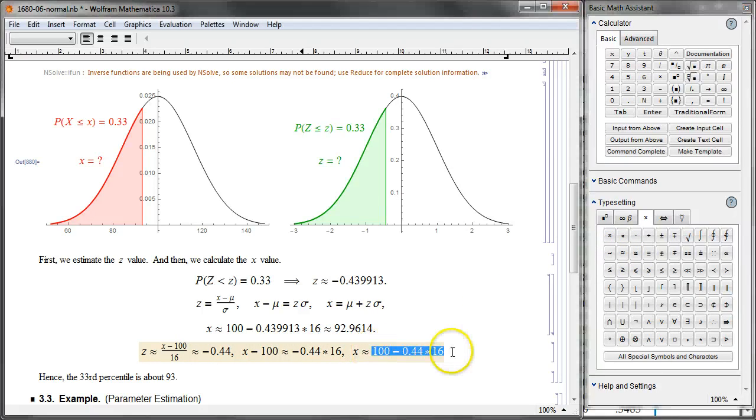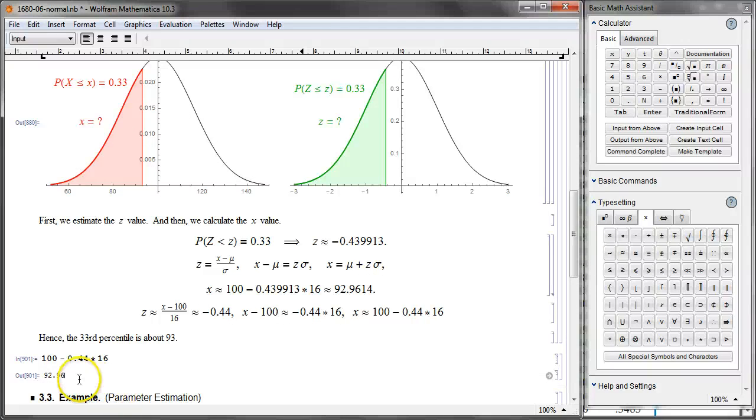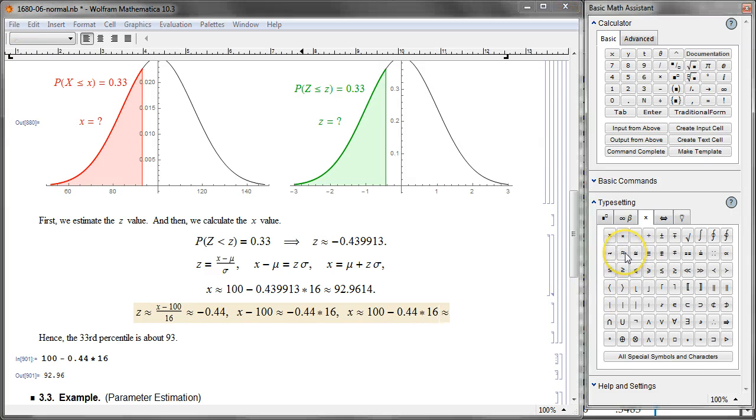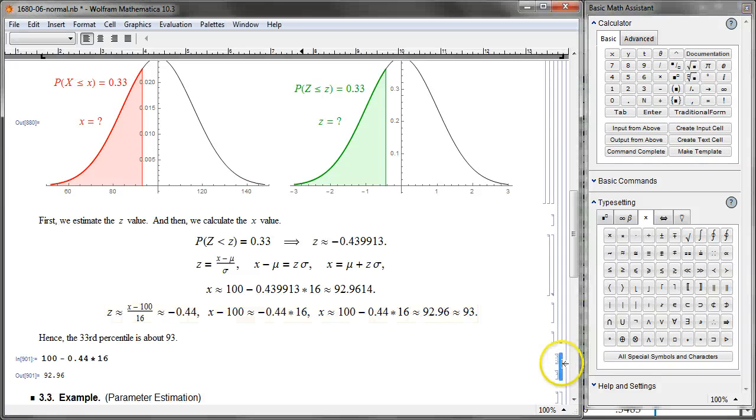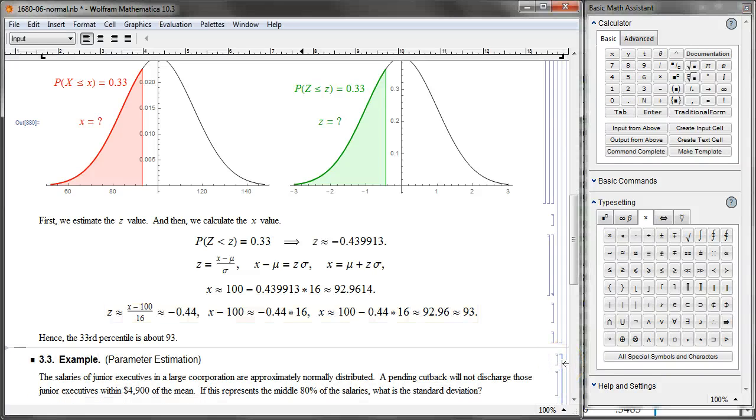Calculating all that, I'm going to get 92.96, which is approximately 93. So the 33rd percentile of the IQ distribution is about IQ 93, assuming, of course, the normal distribution.